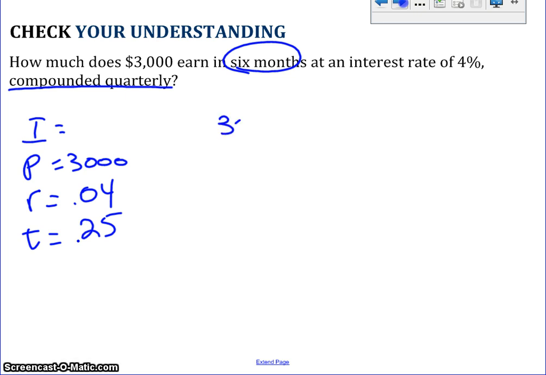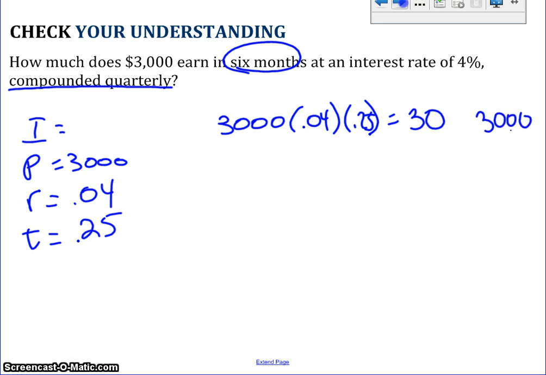So plugging it in, I get 3,000 times 0.04 times 0.25, which equals $30. I'm going to add that $30 to the 3,000, so 3,000 plus $30 gives me $3,030 as my new principal.